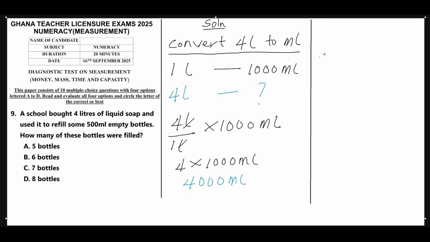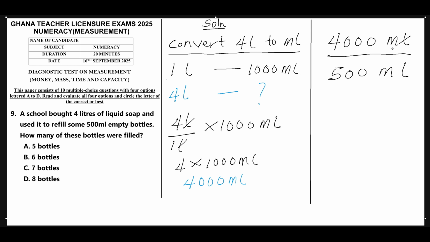We know that sharing goes with division. Sharing goes with division. So to get the exact number of bottles that will be filled, we have to divide the 4,000 milliliters by the capacity of each of the empty bottles. That is 500 milliliters.